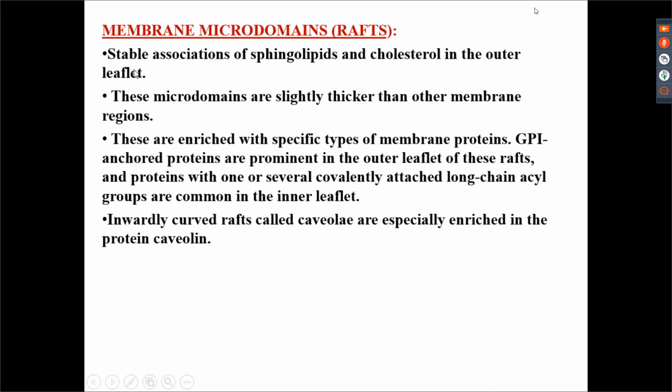So these regions are stable associations of sphingolipids with cholesterol. They are present in the outer leaflet, and these regions are slightly thicker than the other membrane regions. And these are enriched with specific types of membrane proteins, like GPI anchor proteins.